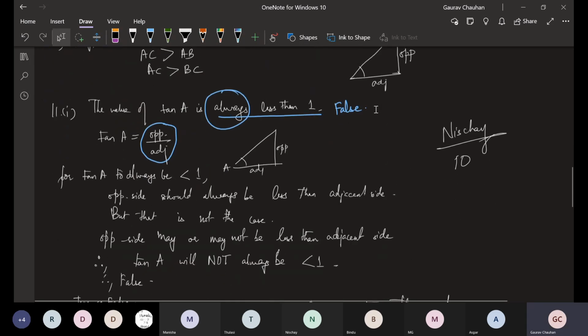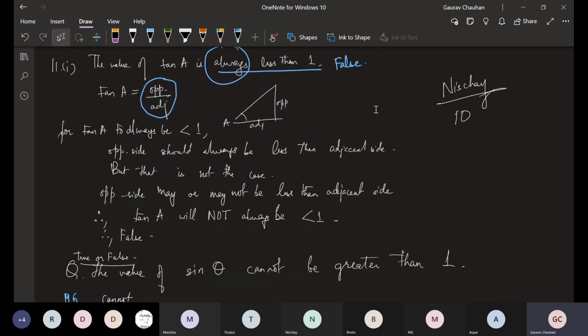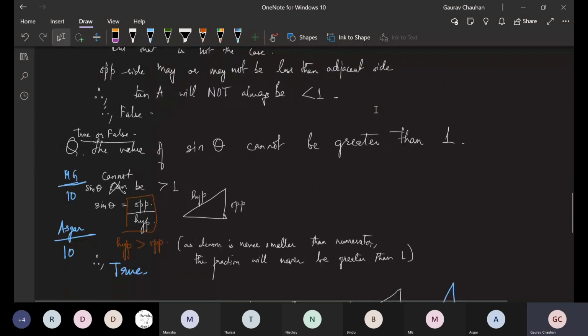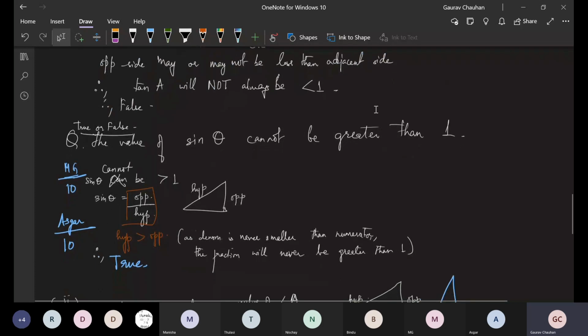Keeping these in mind, we looked at the 11th question, the first one, second one, and fifth one, and also one question from my side.